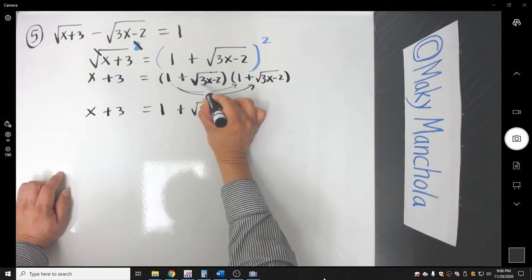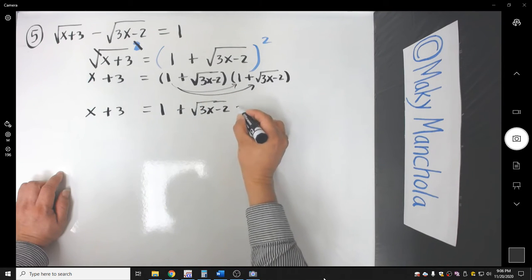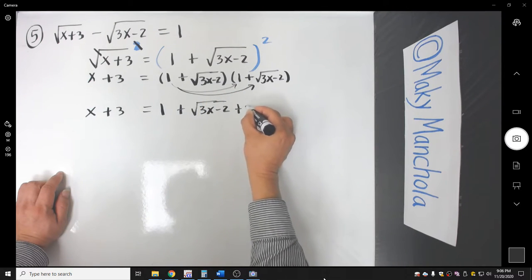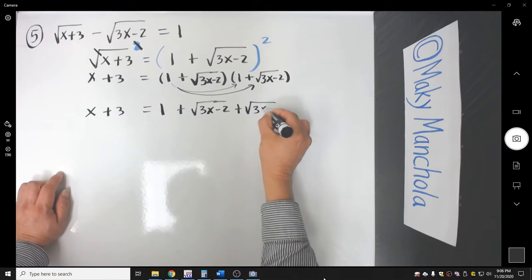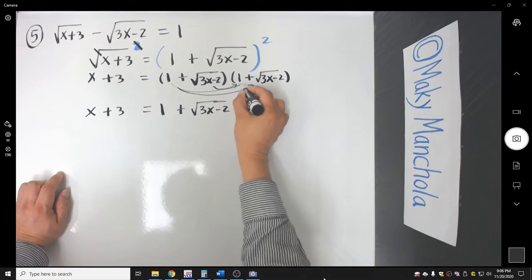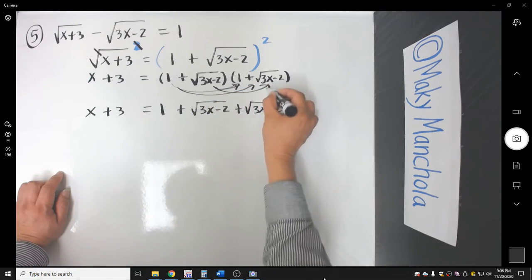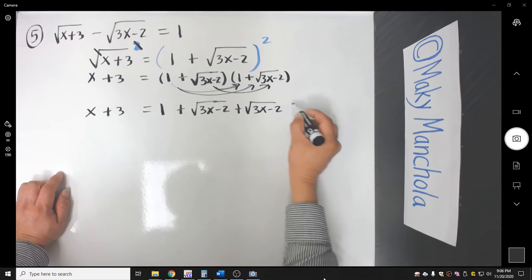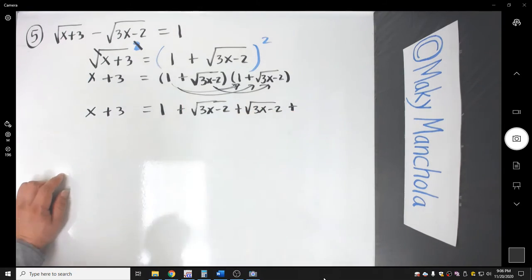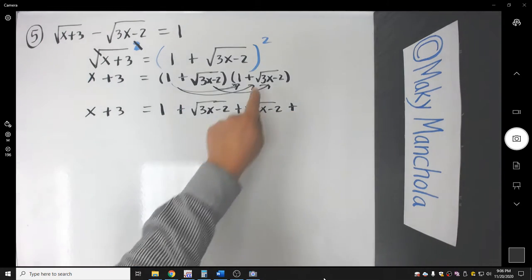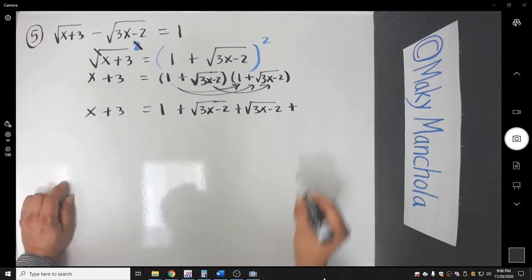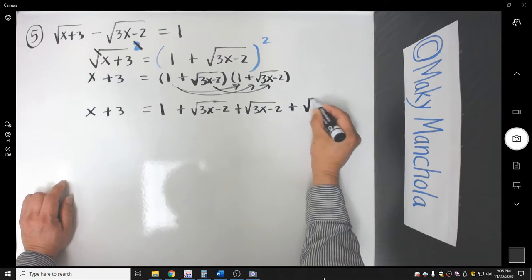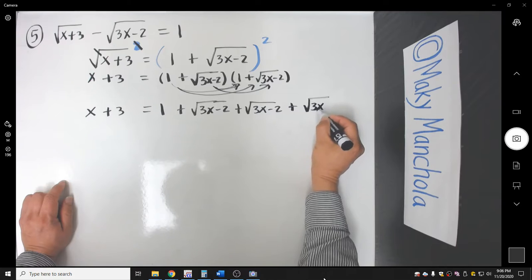I'm multiplying the square root of 3x minus 2 times 1. That gives me the square root of 3x minus 2. And then plus the square root of 3x minus 2 times the square root of 3x minus 2, which is the square root of 3x minus 2 squared.